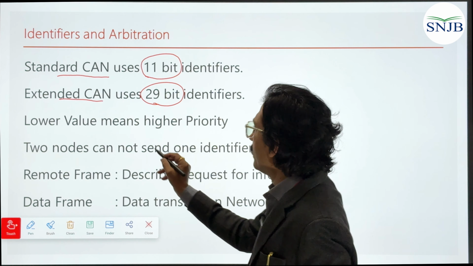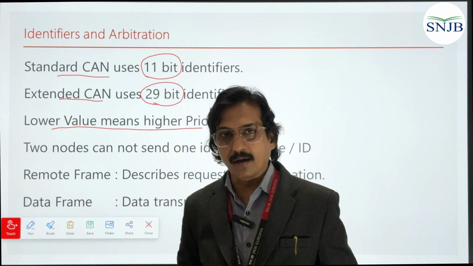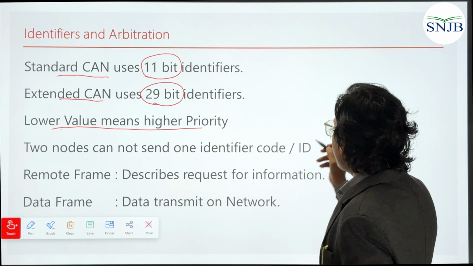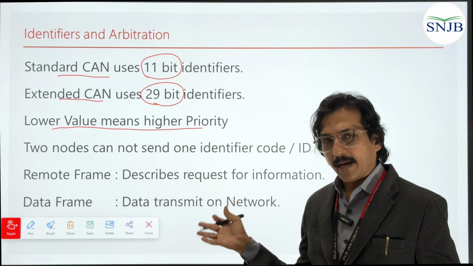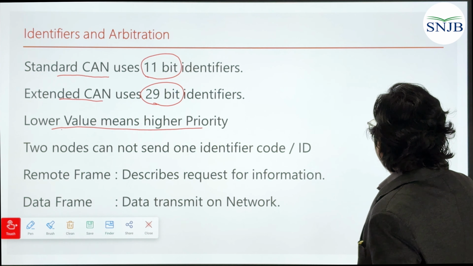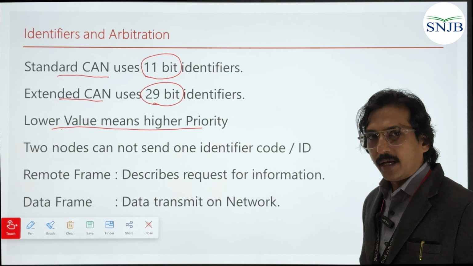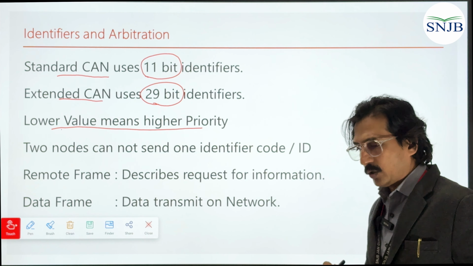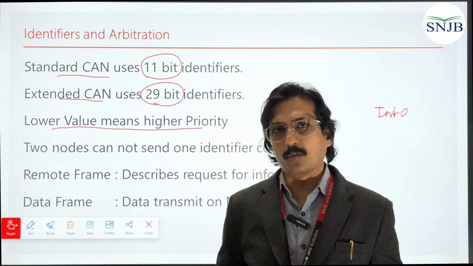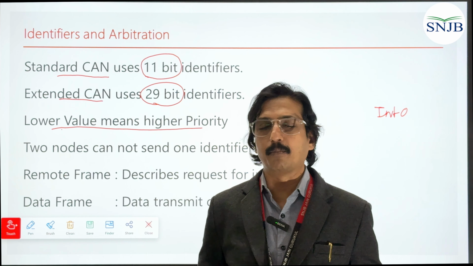The lower value of the identifier means it has the higher priority. This is just like our interrupt controllers. When we compare this kind of system with our desktop computers, the highest priority is given to INT0. INT0 is interrupt 0, where 0 is the index. That interrupt 0 is asserted from the real-time clock in desktop computers, so the desktop microprocessor gives highest priority to that real-time clock.